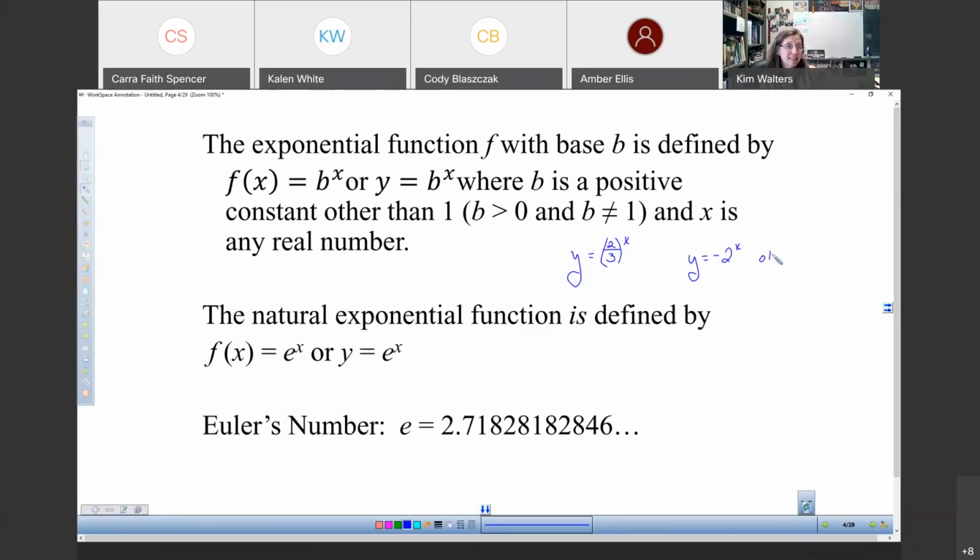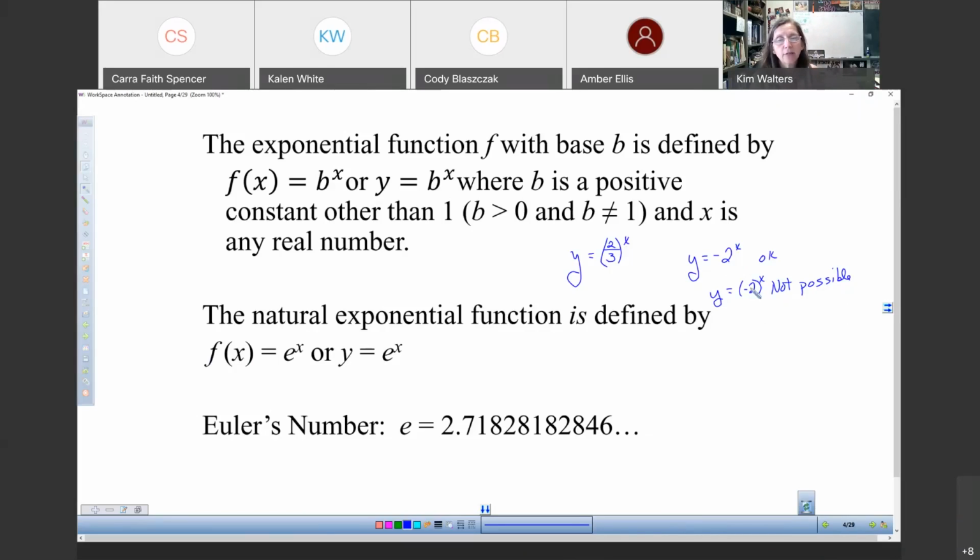So this is okay. What you can't have is (-2) to the x power. So this is not possible. Going back to early days of the semester when we talked about what was actually being raised to the power, in this one the negative is not, in this one the negative is, and I can't have a negative base. Okay, so keep that in mind.